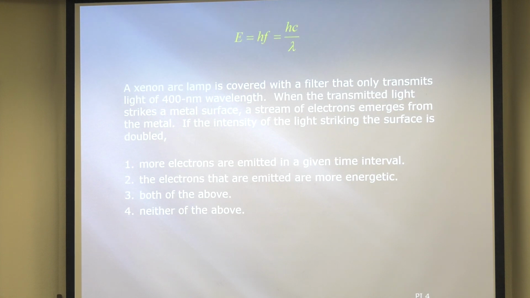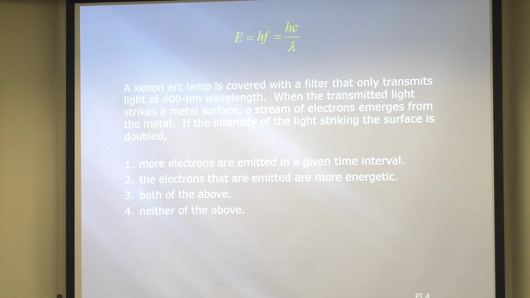Okay, so all we're doing is increasing the intensity. We already know that the photons have enough energy to emit the electrons, right? The frequency is greater than the threshold frequency. That's fine, but now we're increasing the intensity. That just means we're getting more photons per second. If the photons are already capable of emitting the electrons, we're just going to get more electrons per second, right? So what's the answer?